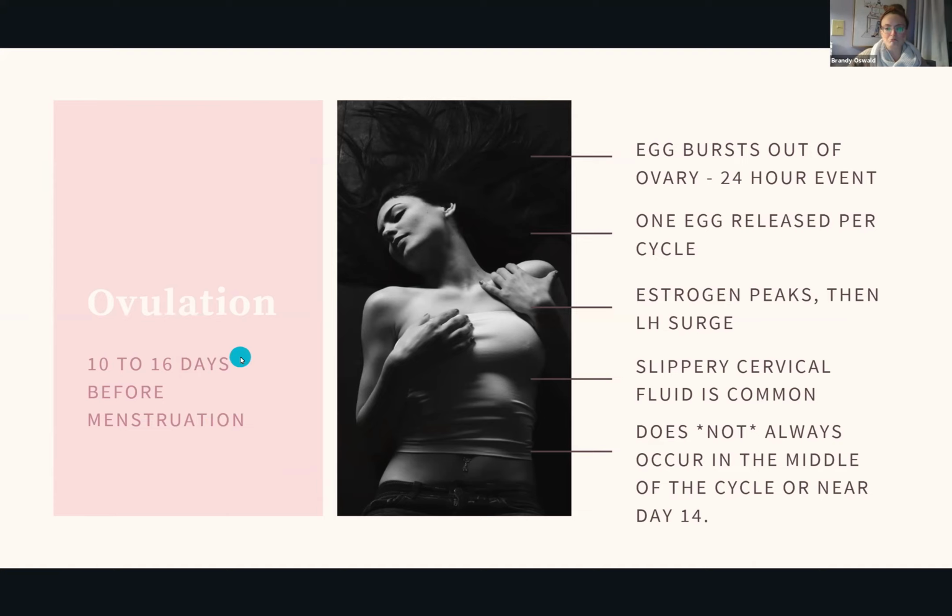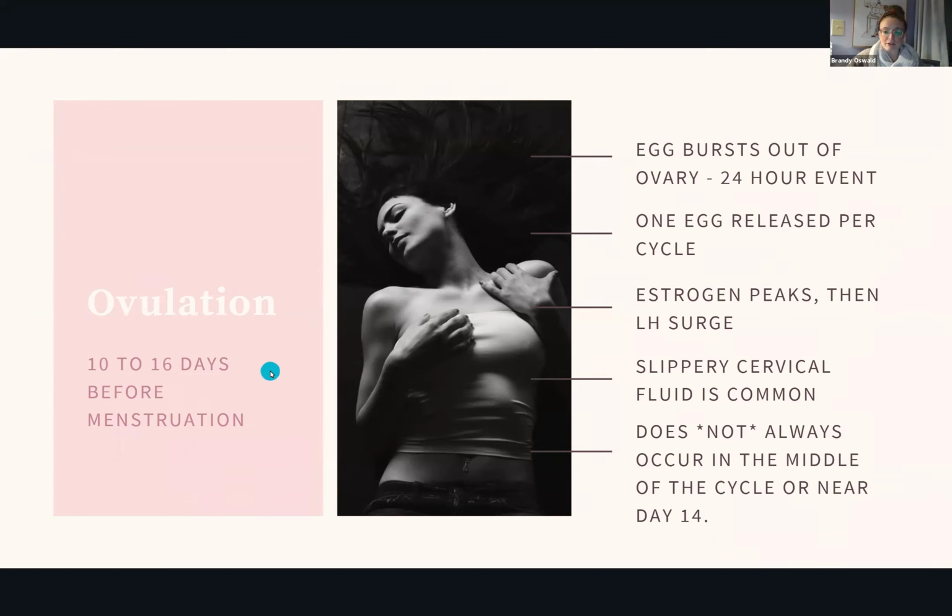For others, no. You can ovulate at any point in time in your cycle, and if you're having a cycle that's longer, if you ovulated later than normal, ovulation won't happen around day 14. It may happen later. For some folks, it happens earlier, like day 11 or 12.